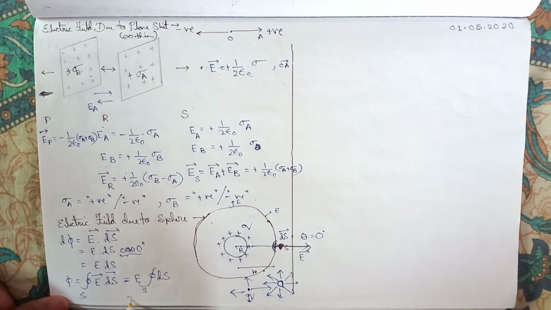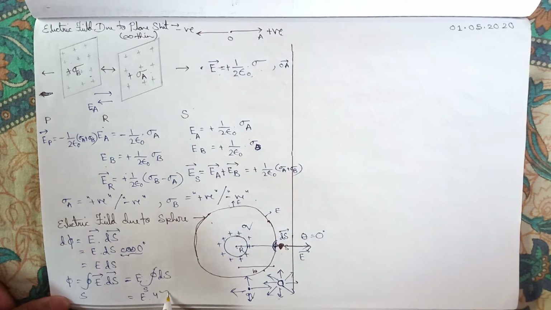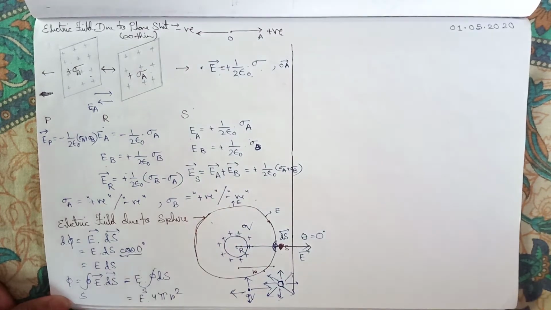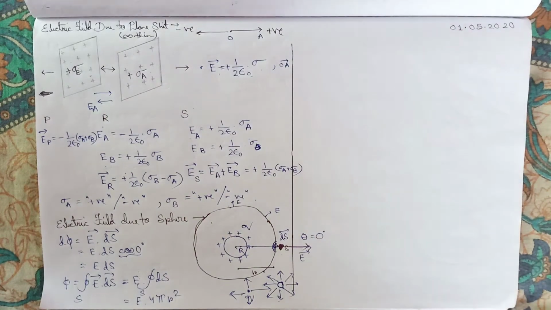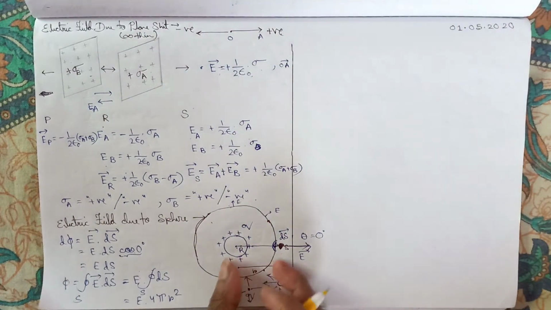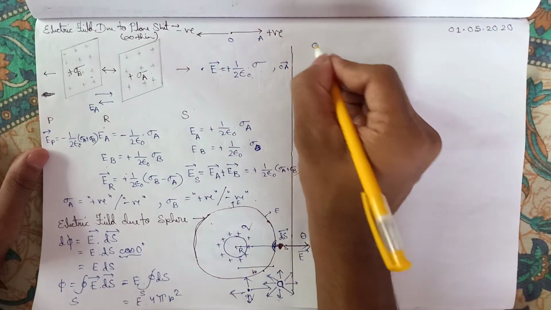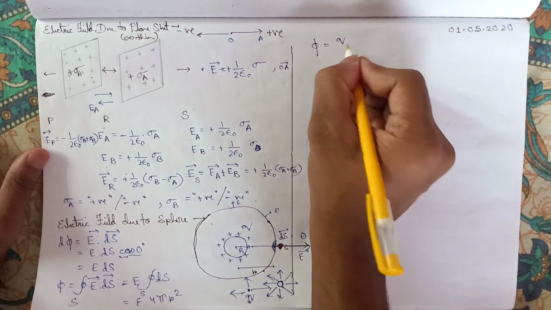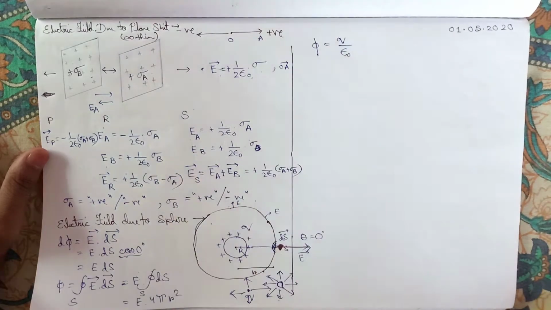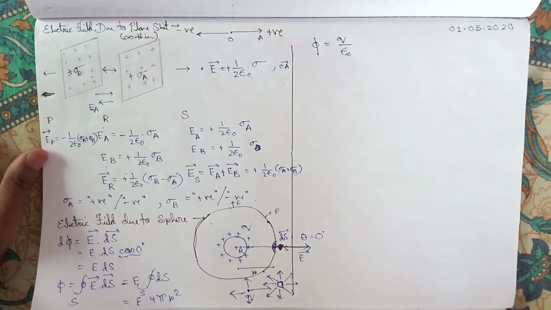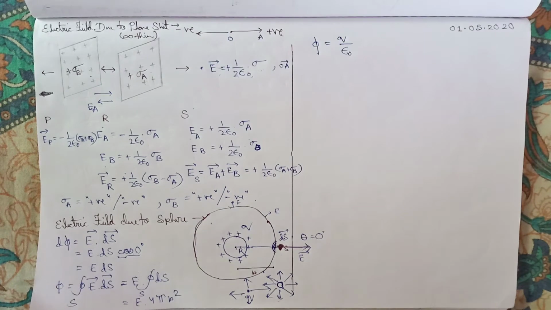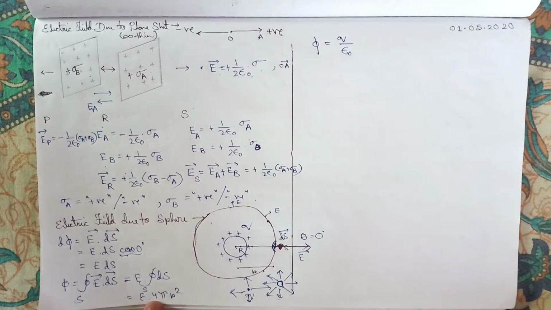So E into 4 pi r squared. The surface area of the whole sphere is 4 pi r squared, as this radius is r. Now from Gauss law we know phi equals 1 by epsilon times the charge enclosed, and we have already found the flux.